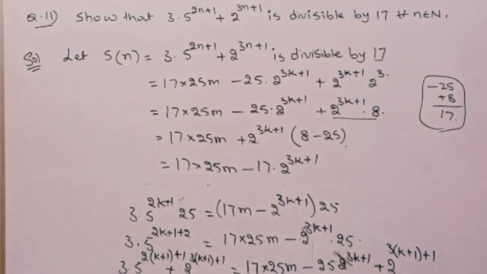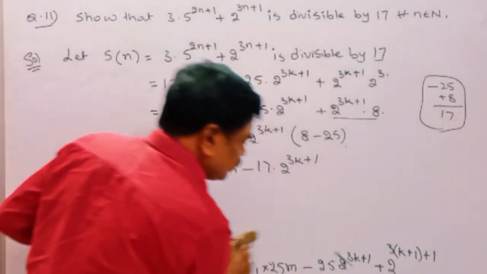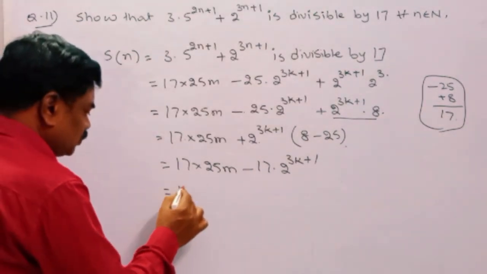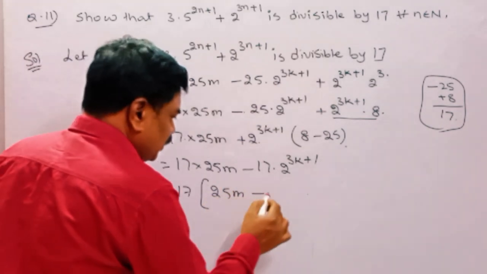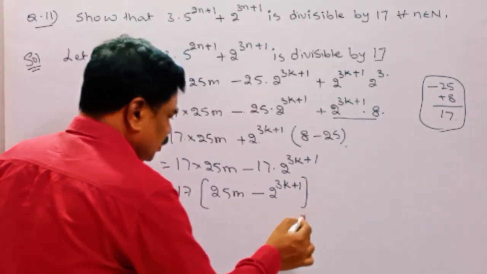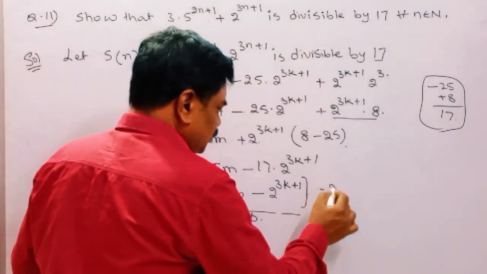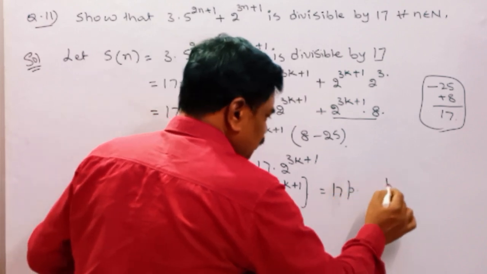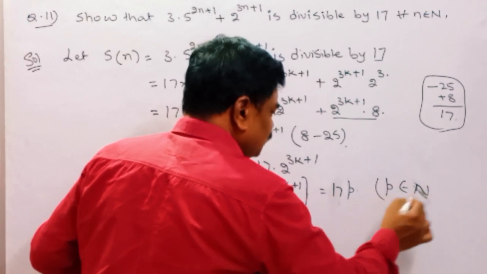Then we write this as 17 into 25m minus 2 power 3k plus 1. Let us take this as p. This is equal to 17p, where p belongs to Z or a natural number.